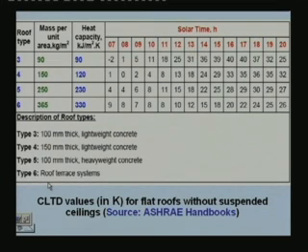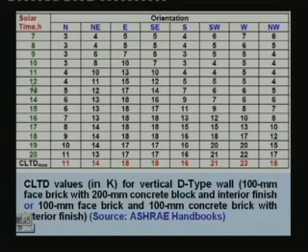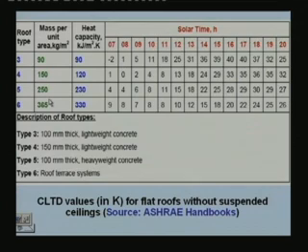Type 3 is 100 mm thick lightweight concrete, type 4 is 150 mm thick lightweight concrete, type 5 is 100 mm thick heavyweight concrete, type 6 is roof terrace system, and the properties are given here: mass per unit area and the heat capacity, and the CLTD values are given as a function of solar time. You can see that for type 3, at 7 solar time minus 2 is the CLTD value. At 8 am this is 1 degree, at 9 am this is 5 degrees, and at 10 am 11 degrees, like that.